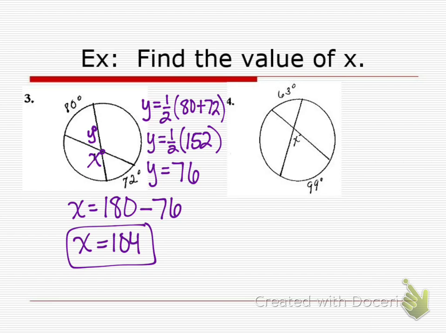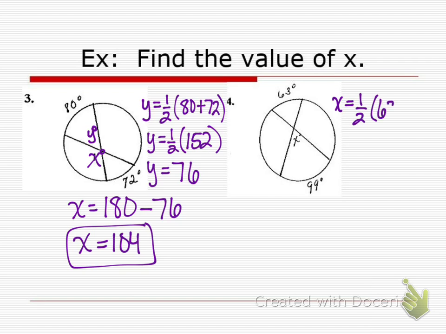All right, go ahead and try number 4. 4 should be easier than number 3. We'll go over it together in just a minute. All right, how did we set up number 4? Good.